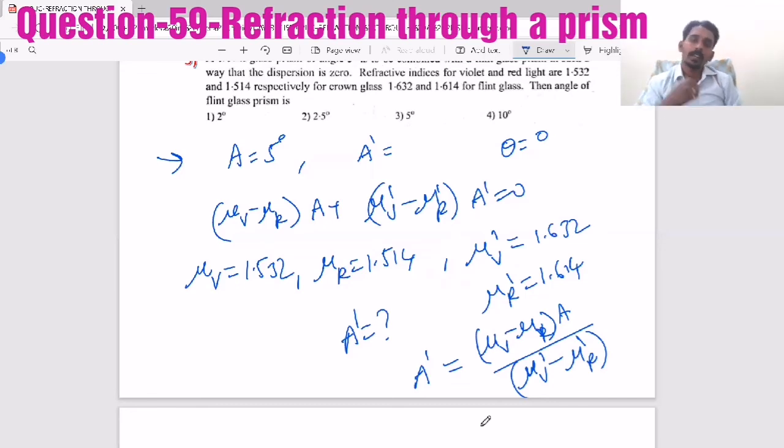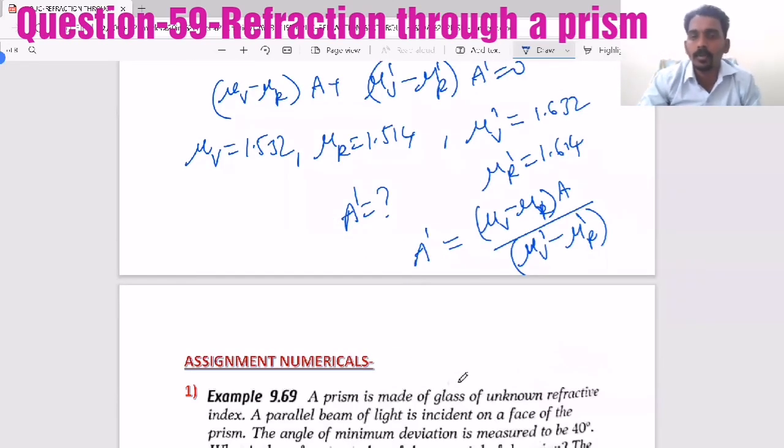Like that, questions can be asked based on deviation due to a prism, or minimum deviation condition, or achromatic combination, or silvering of one of the surfaces, or meanwhile they can also add grazing emergence or grazing incidence or normal emergence or normal incidence.